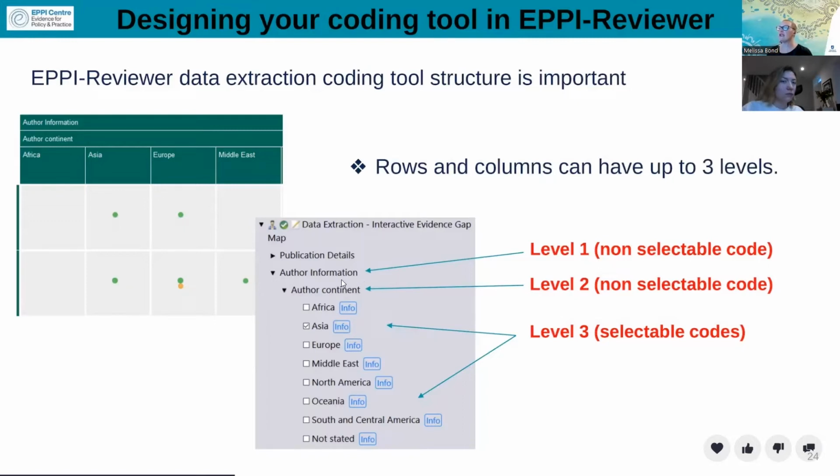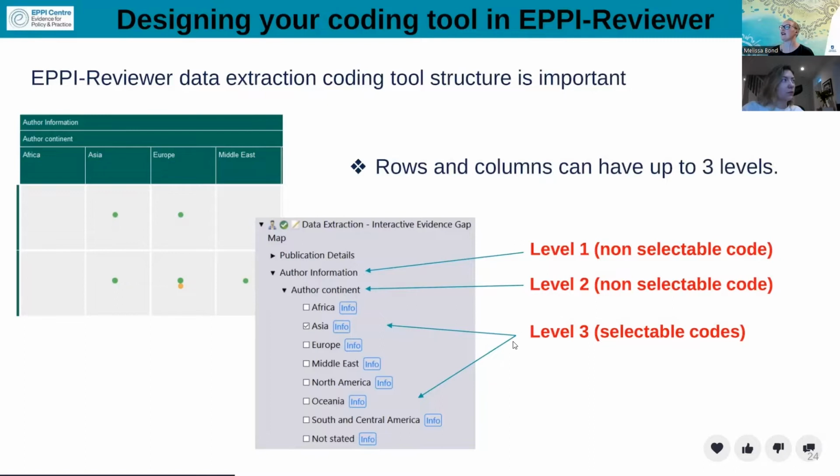Level 1 here is what we would call a non-selectable code. It's considered a parent code and it doesn't have a checkbox like these do. So I would put in this level 1 as a non-selectable code. Underneath that, I would have a level 2 code, for example author continent, and that would also be a non-selectable code.